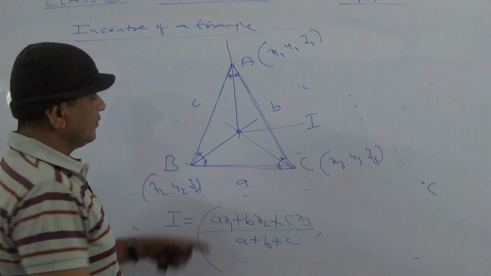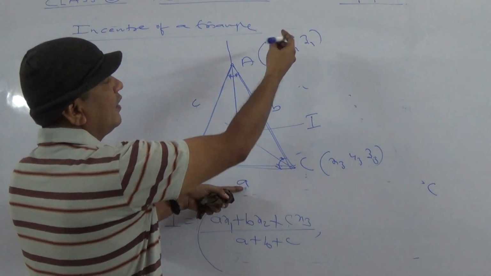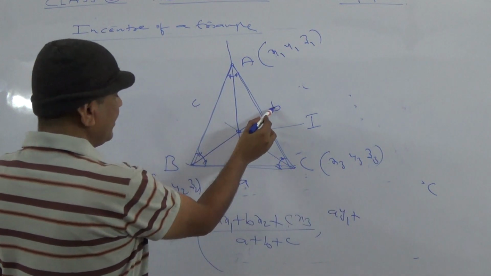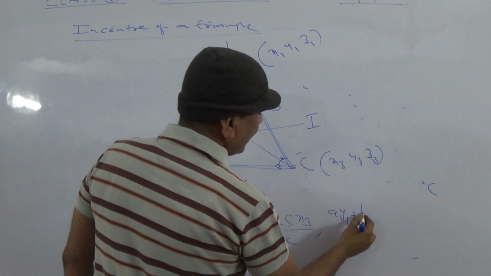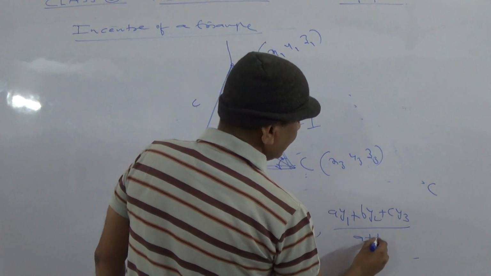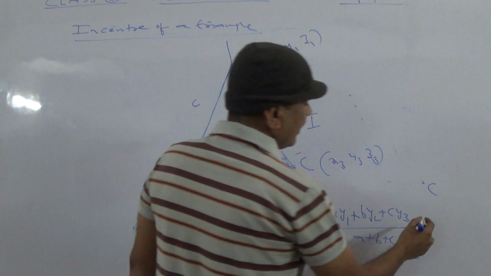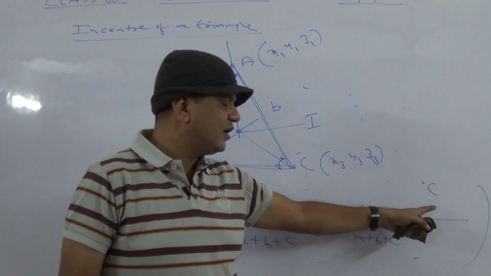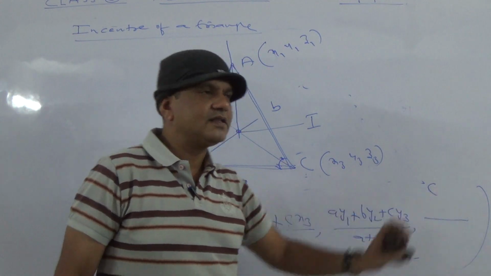Now y coordinate: a into y coordinate of the opposite vertex, a y1, similarly b y2, next c y3, by the same a + b + c. Similarly z coordinate also: (a z1 + b z2 + c z3) / (a + b + c).